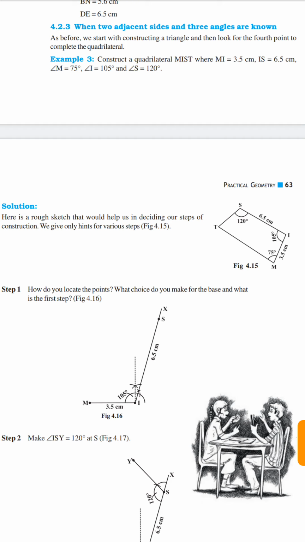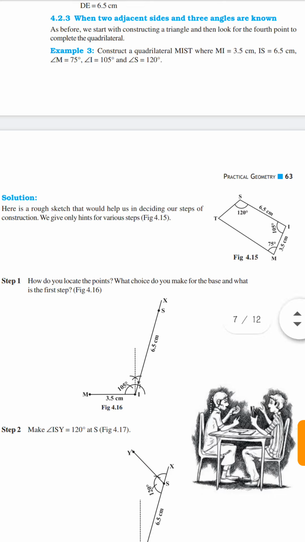Now you draw a line MI 3.5 cm, and from angle M draw an angle of 75 degrees, and from angle I you draw an angle of 105 degrees of length 6.5 cm. And that point is S. It is a rough figure.